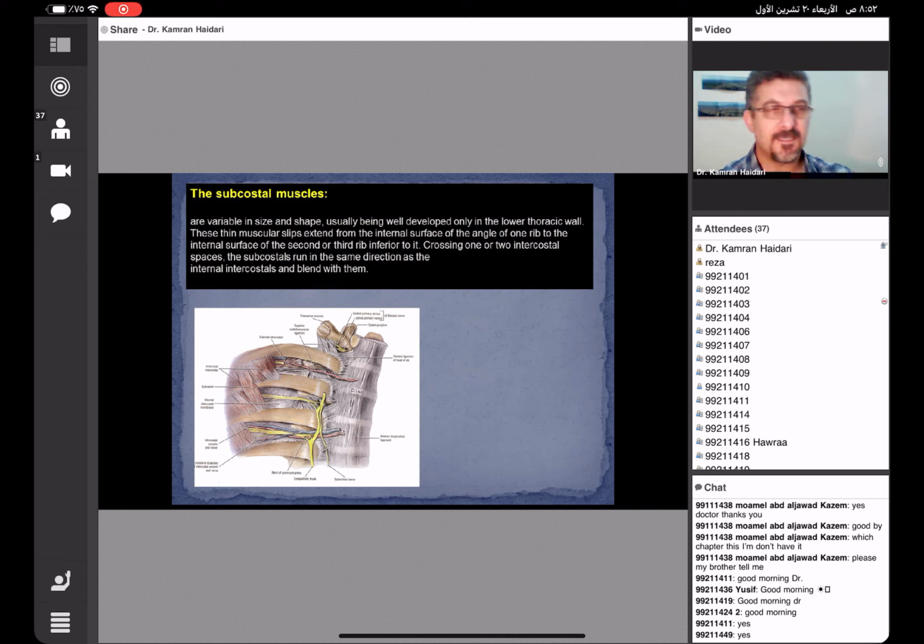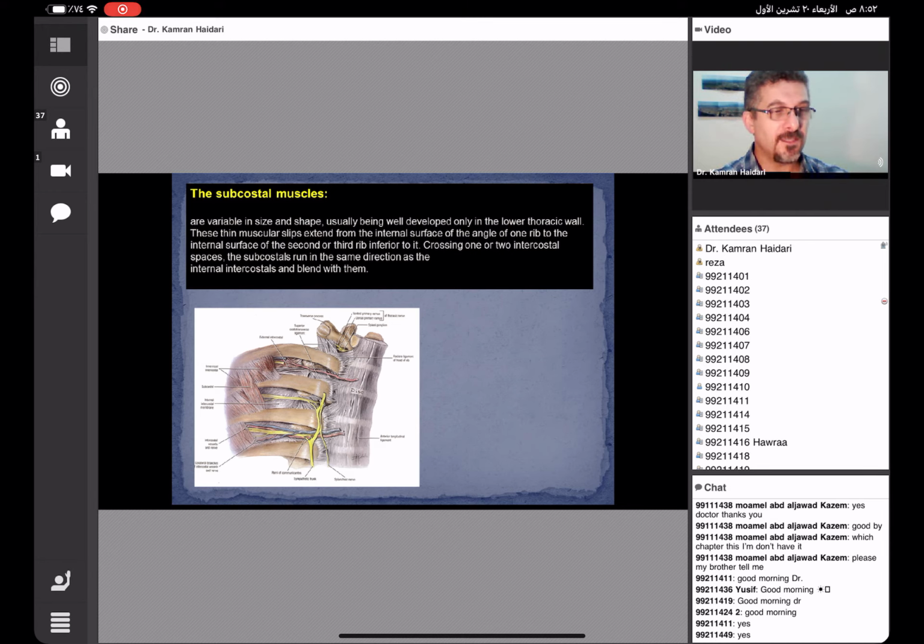An insertion of these three layers. As you see in this picture, innermost intercostal muscle arises from the internal surface of the rib, and in the same direction with the internal intercostal muscles, I mean that the postero-inferior direction attaches to the internal surface of the next rib.